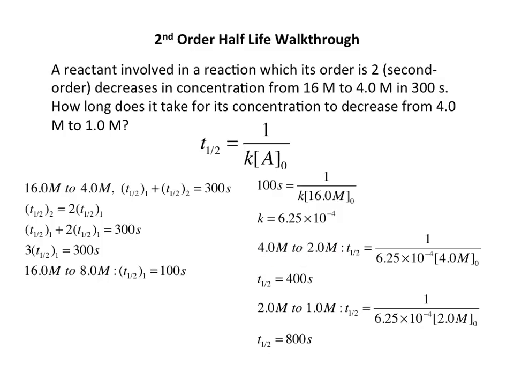In this case, the half-life is going to equal 1 over our rate constant times our initial concentration, which is 4 molar. That gives us a half-life of 400 seconds. The half-life going from 2 molar to 1 molar will equal 1 over the rate constant times the initial concentration, 2 molar. So that half-life equals 800 seconds, which is double the one before it.